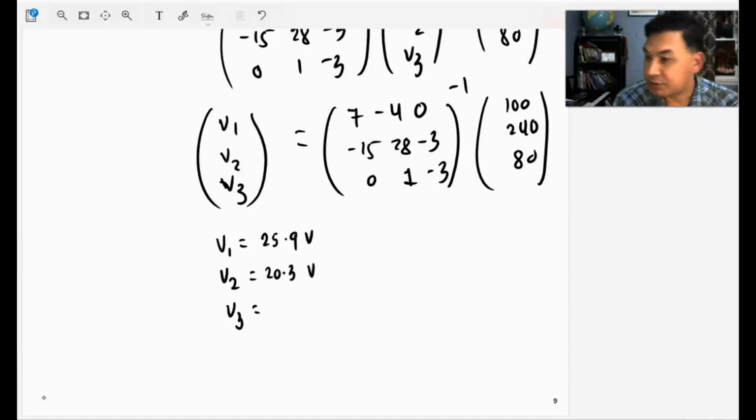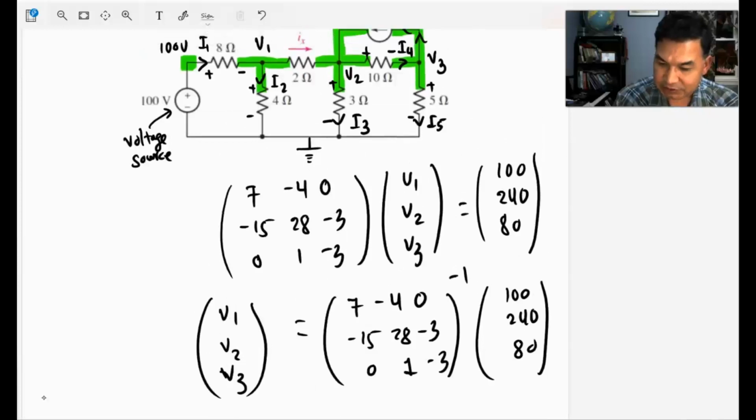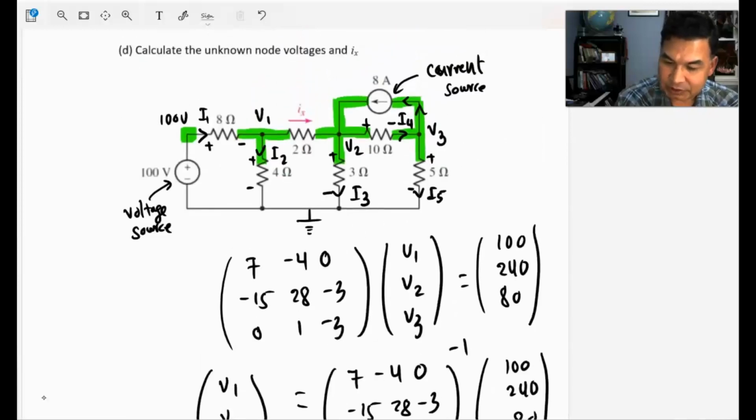V3 is 19.9 volts, and negative. So we got V3 as a negative voltage. What does that mean? V3 turned out to be negative 19.9 volts.